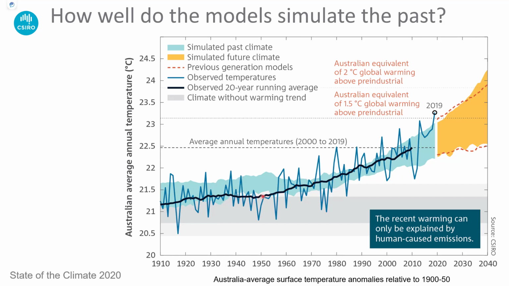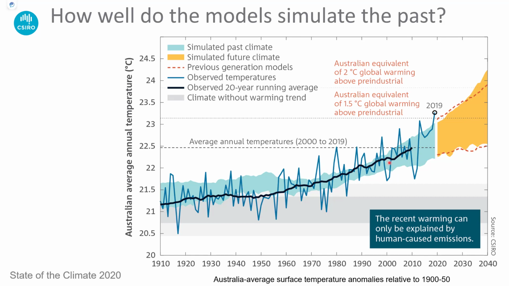The black line shows the running average through that up and down variability. But the pale blue band behind it shows the range of temperatures projected by a whole collection of global climate models, an internationally collaborative collection of climate models. And you can see that whilst there's a few diversions, by and large, the climate models, when they've simulated the climate of the 20th century through to early 21st century, have lined up very well with what's actually been observed in Australia.